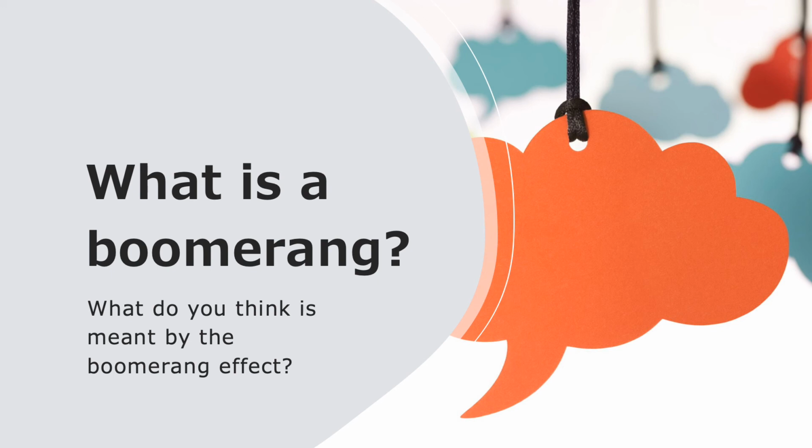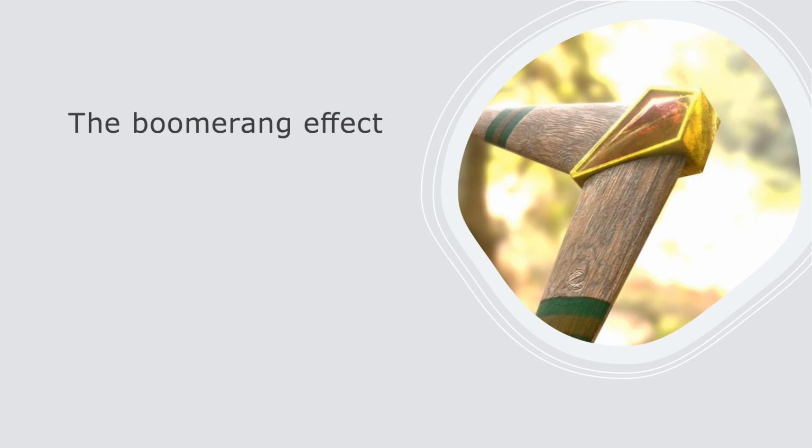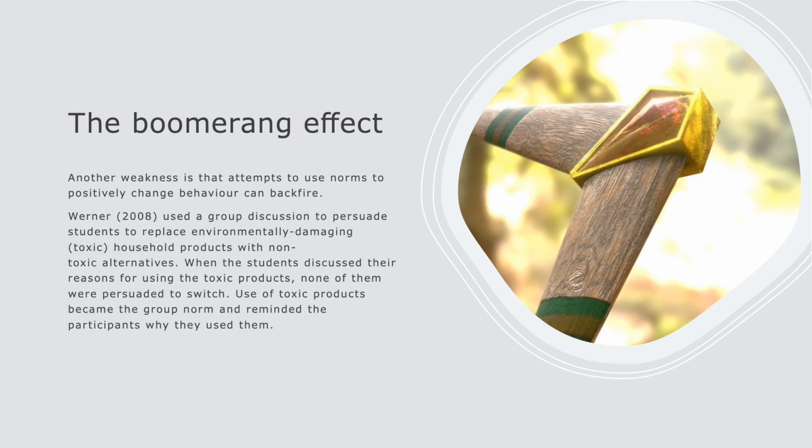And that's going to be our next evaluation point. The final weakness I want to discuss is the boomerang effect. So sometimes attempts to use norms to positively change behaviour can backfire. And this was found by Werner. Basically, she used a group discussion about toxic and non-toxic household products to try and reduce the toxic products that people used.